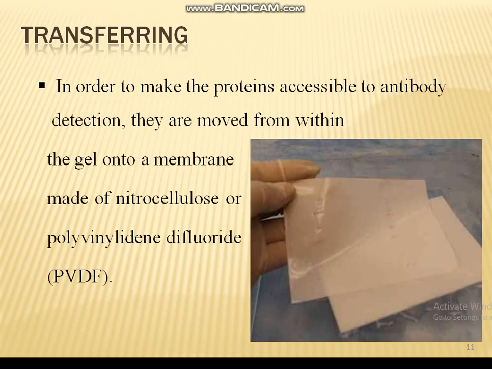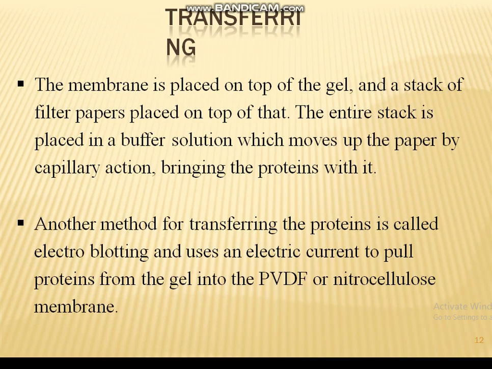Next step is transferring. In order to make the proteins accessible to antibody detection, they are moved from within the gel into a membrane made of nitrocellulose or PVDF, that is polyvinylidene difluoride. The membrane is placed on top of the gel and a stack of filter paper is placed on top of it.